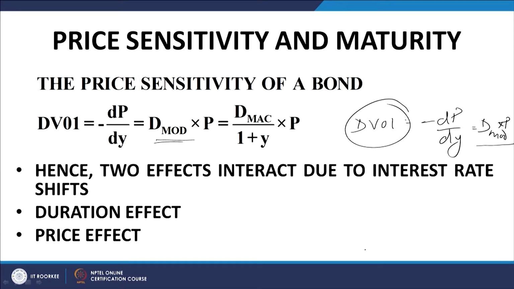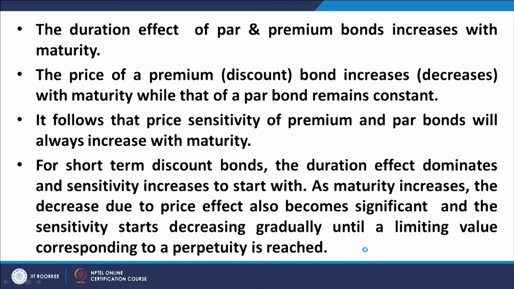So, the net effect is that as far as par and premium bonds are concerned, both the effects operate in the same direction, and therefore, dV01 increases as maturity increases. The duration effect increases because duration increases, and the price effect also increases because price increases as maturity is increased. However, in the case of discount bonds, the behavior is slightly different.